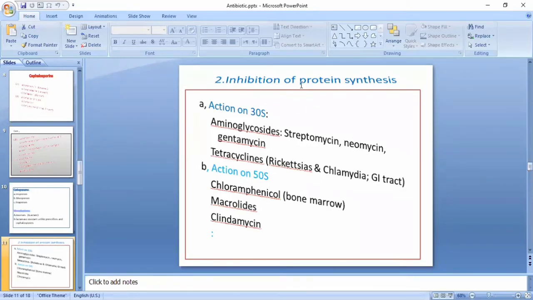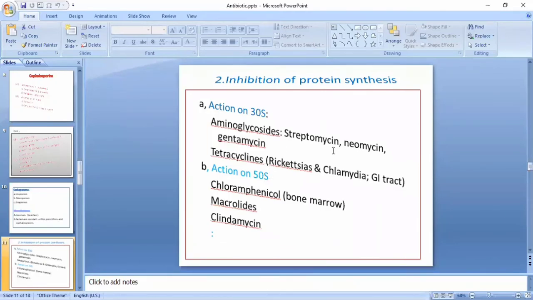In protein synthesis, these drugs act on the 30S or on the 50S subunit of the ribosomes. In this way, the protein synthesis is inhibited, because the function of the ribosome is to synthesize the proteins, and the ribosome has two subunits, the 30S and the 50S.